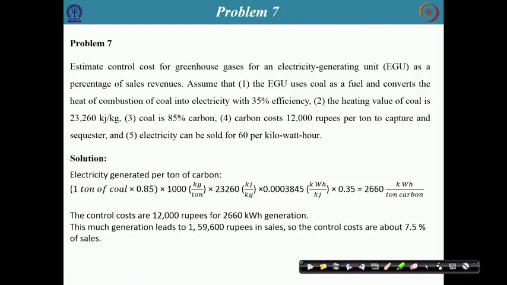Assume that the EGU uses coal as fuel and converts the heat of combustion of coal into electricity with 35% efficiency. The heating value of coal is 23,260 kilojoule per kg. Coal is 85% carbon. Carbon costs 12,000 rupees per ton to capture and sequester, and electricity can be sold for 60 rupees per kilowatt hour.